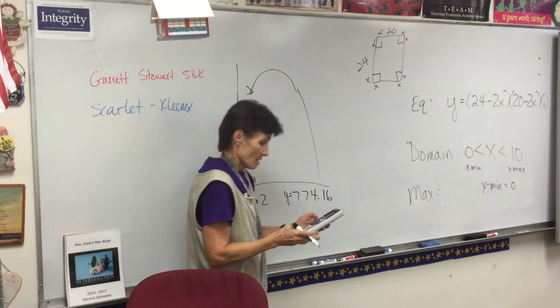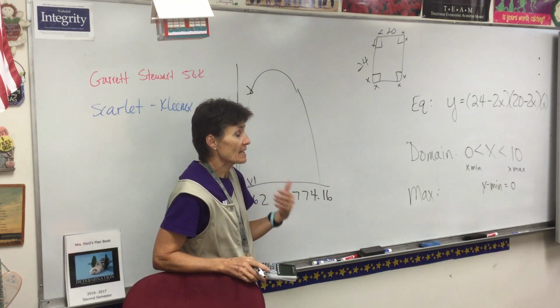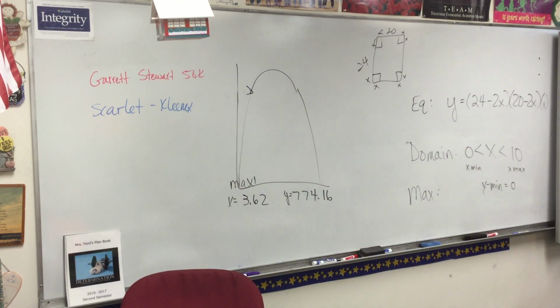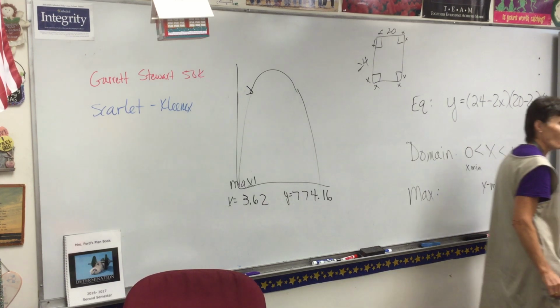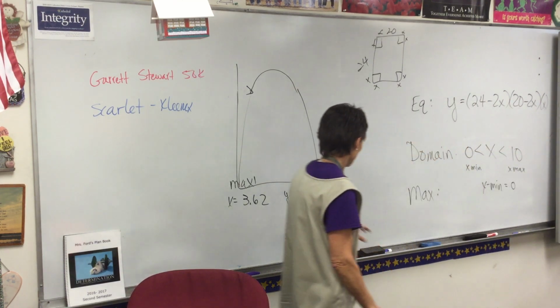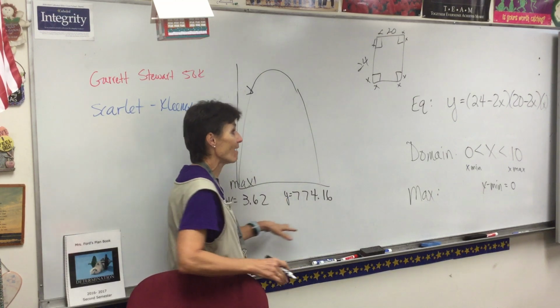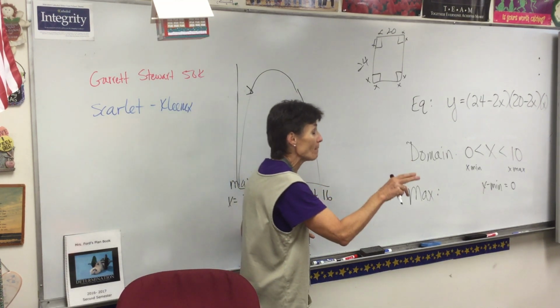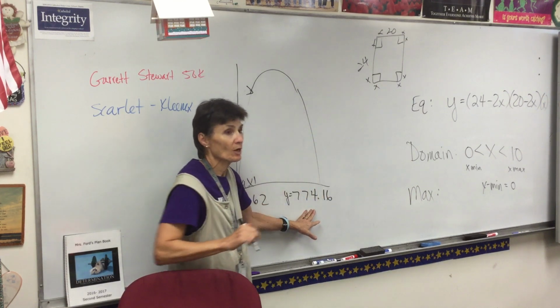Every time. So now we just have to answer the question. So the question was, find the maximum volume of the box. What's your Y value? Which one of these numbers is the volume? The Y value. Now, I'm not promising you that that will be the question on the test.